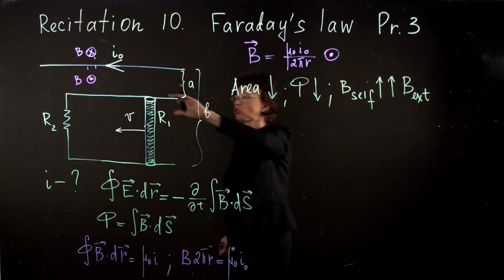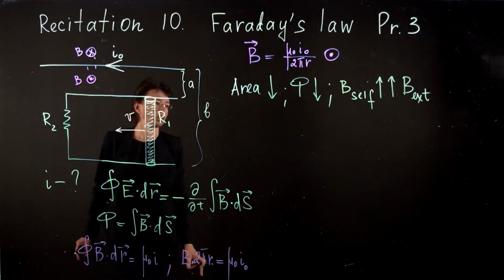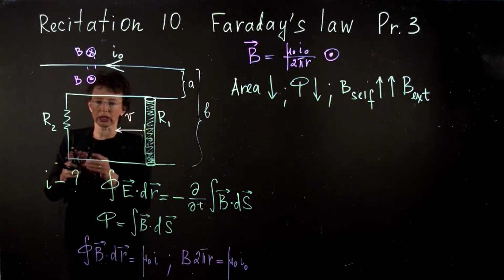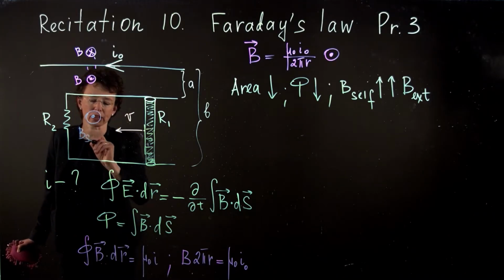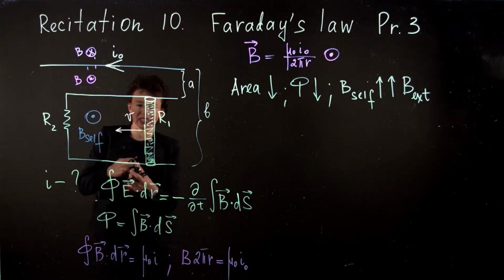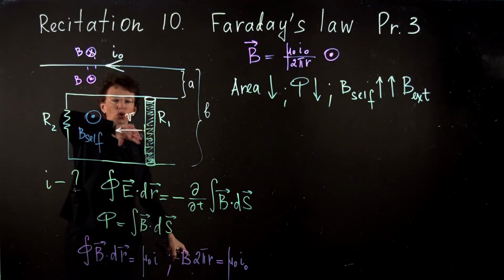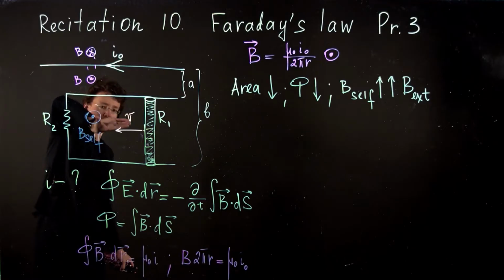As B external, this pink B produced by this I₀. B self has to be in the same direction as B external. I will use blue to show B self. B self is out. Now, if B self is out, what should be the direction of current? So I put my thumb along the magnetic field.